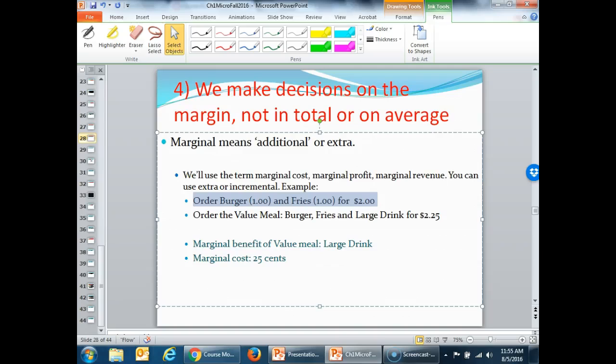So how am I going to try and make this decision? I'm going to look at the marginal benefit. What's the marginal benefit? I get a large drink. But what's the cost? I've got to pay 25 cents. So relative to the base case, you're going to say, hey, do I want a large drink or do I want 25 cents? Does that make sense? You're not going to look at average cost. You're not going to look at any of that stuff. You're always looking at marginal.